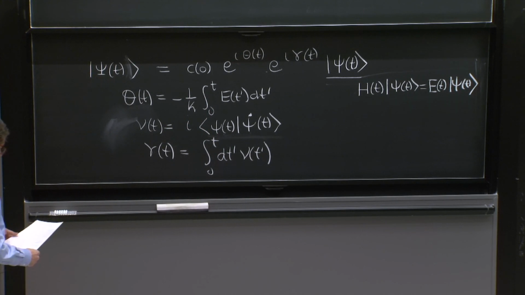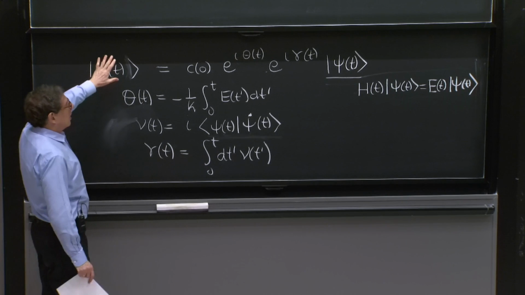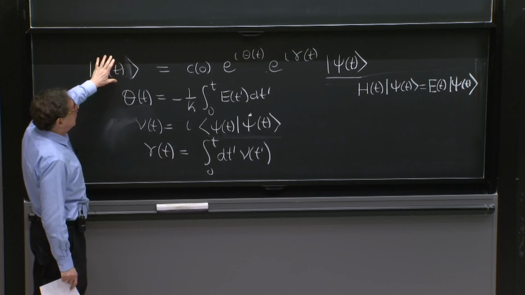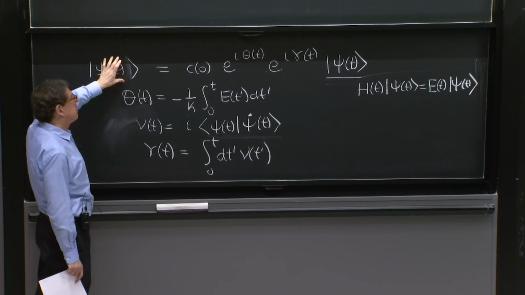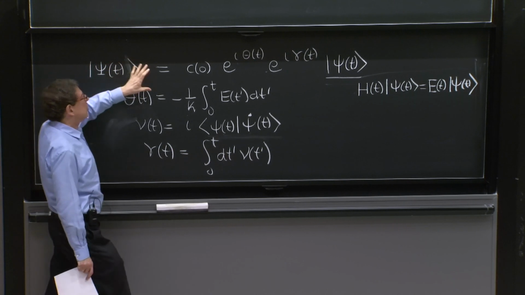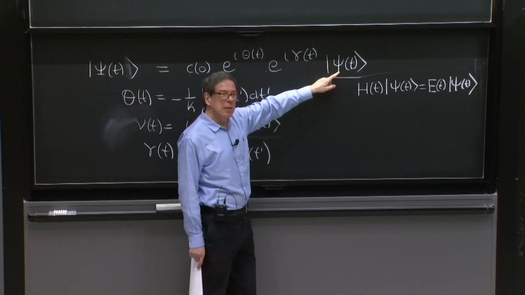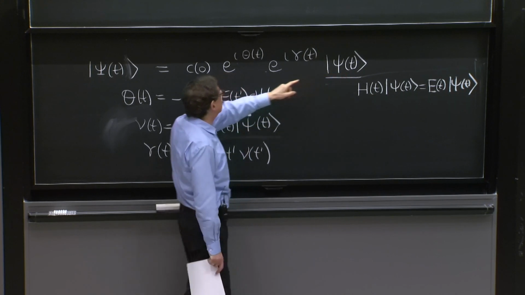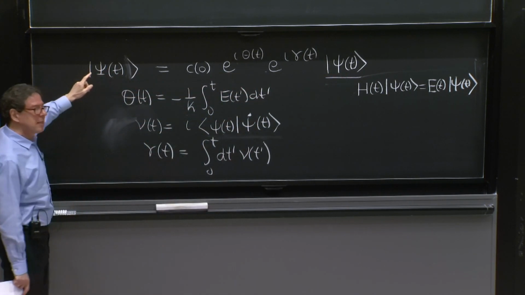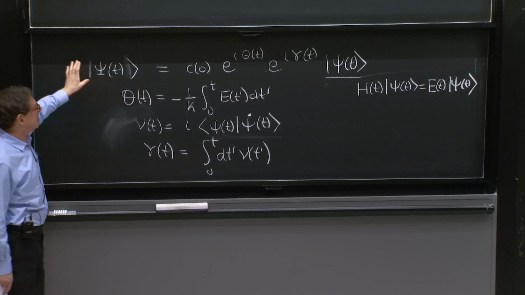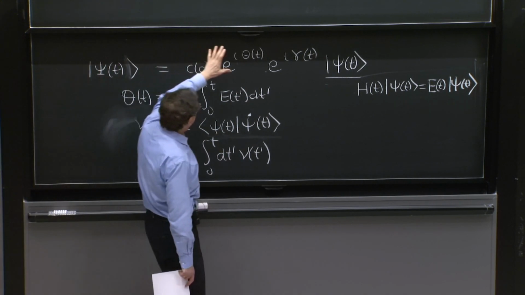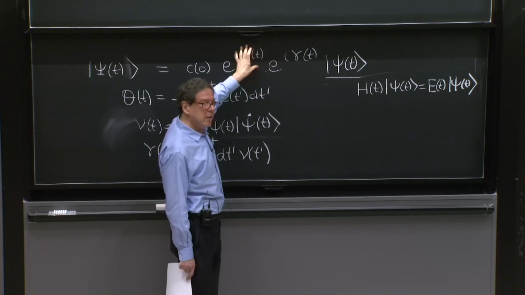Okay, so the claim was that if you happen to have a wave function that at time equals 0 is in one of those instantaneous eigenstates, it would remain in such an instantaneous eigenstate up to phases that are calculable.